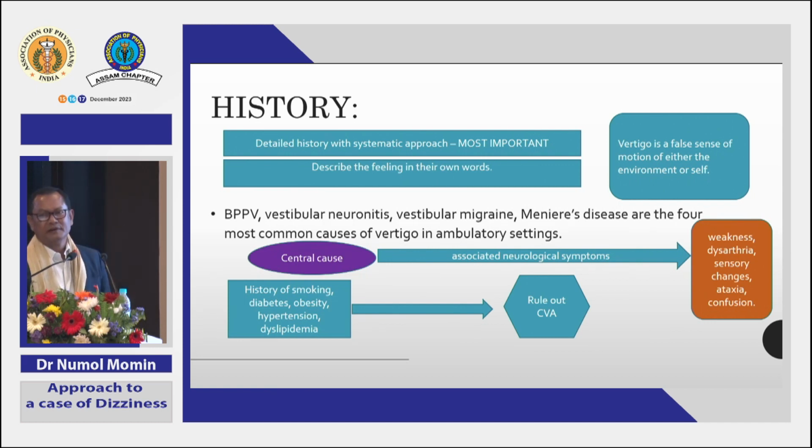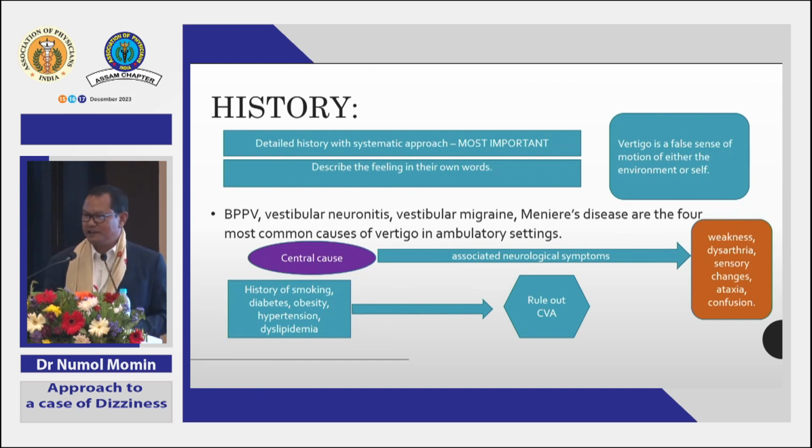Sometimes there is viral infection, a fever history. Sometimes ear discharge; you have to take that history because it is related to vertigo, and I'll come to that point. One most important is cardiovascular disease. In CVA, we have to take a meticulous history: smoking, alcohol, or any drugs he is taking, like antihypertensives.